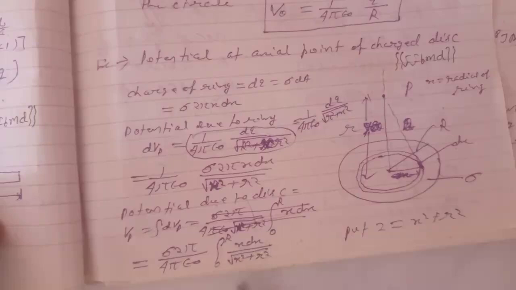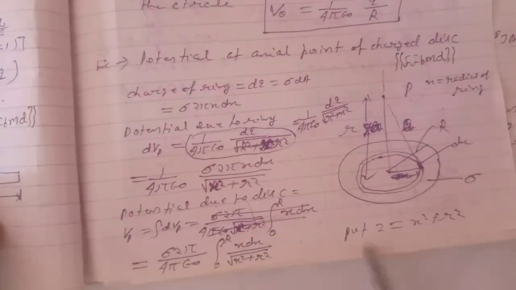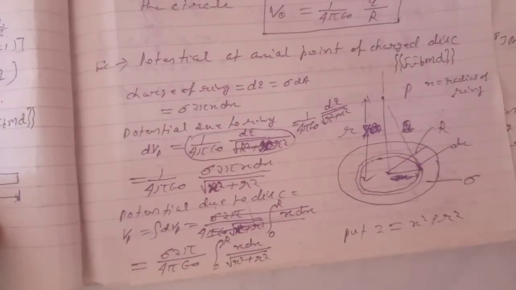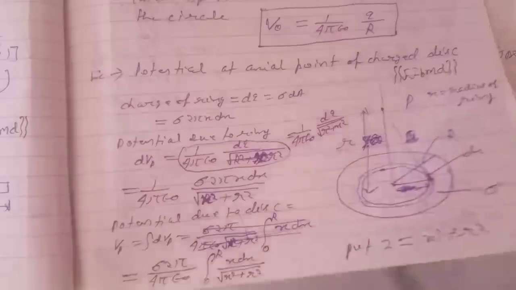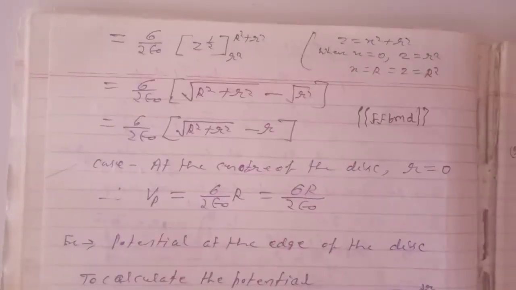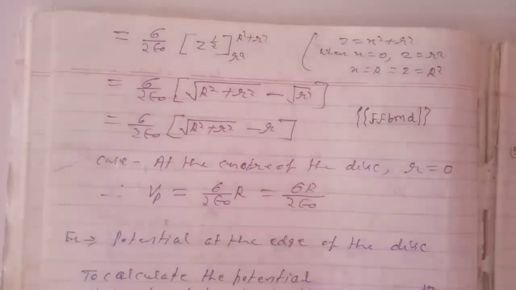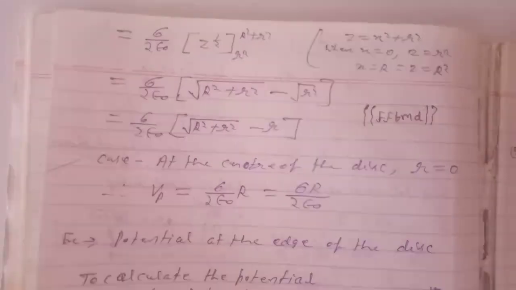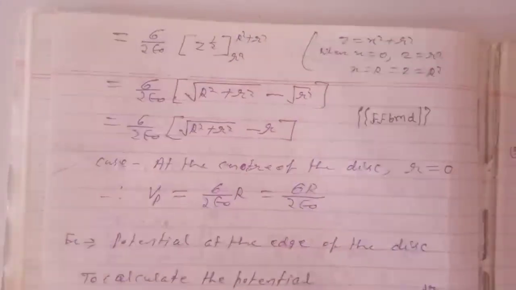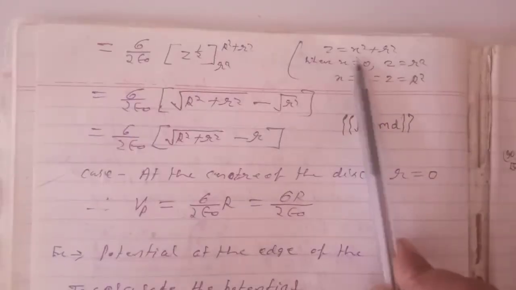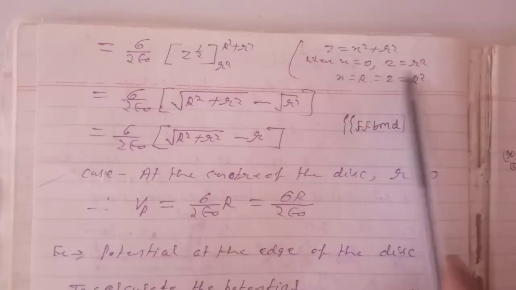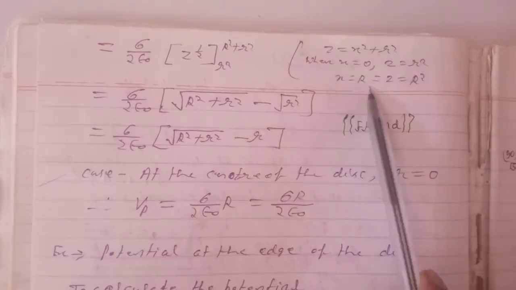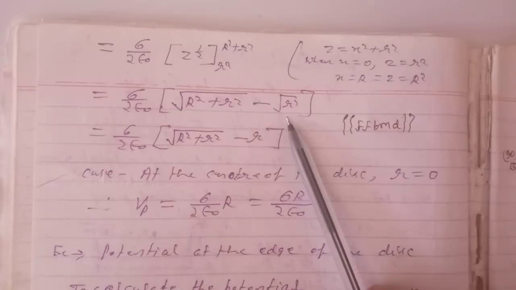To solve this integration, we have to use the substitution method. Z equals x square plus r square. When x is equal to 0, z is equal to r square, and when x is equal to r, z is equal to r square plus r square.